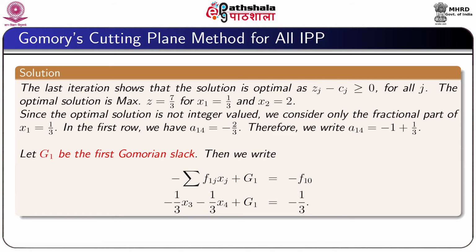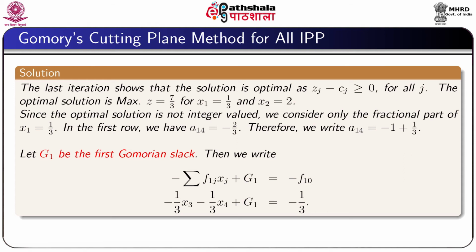Since x1 is not integer, we have to proceed further by using Gomory's cutting plane method. Since the optimal solution is not integer, we consider only the fractional part of x1 equal to 1/3. So, we can write it as 0 plus 1/3, and in the first row we also have a14 equal to minus 2/3, and it is a negative fraction.